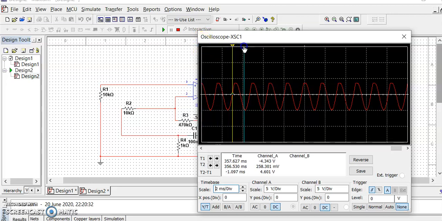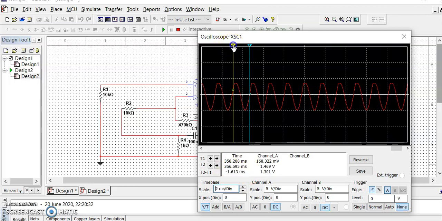Time period is for one complete cycle, so it must contain one positive peak and one negative peak. The time period is 1.6 milliseconds. This time period value is 1.6 milliseconds.